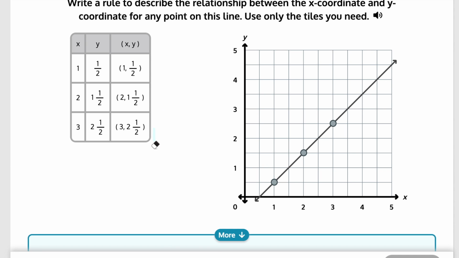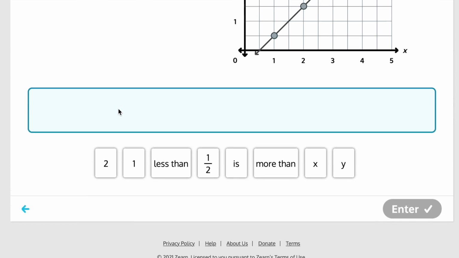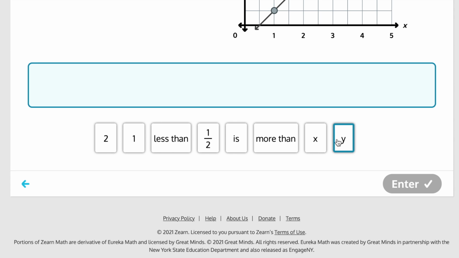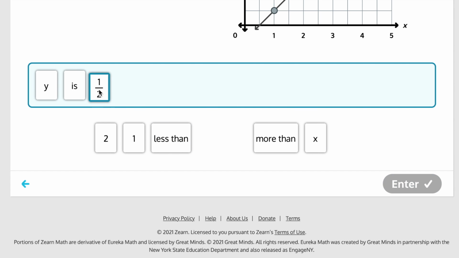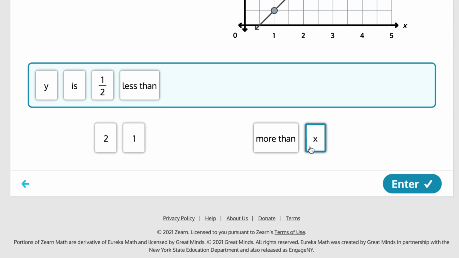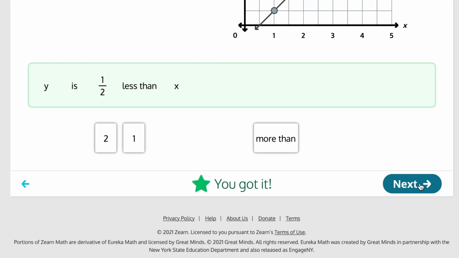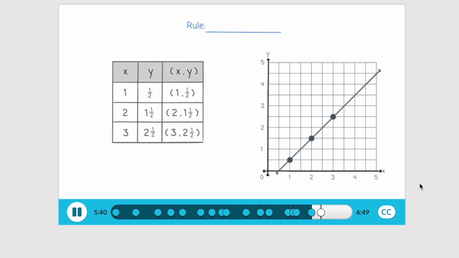So the rule I came up with is that y, the y-coordinate, is 1/2 less than x. Yay. A rule for this line is y is 1/2 less than x. Said in another way, we need to subtract 1/2 from x to get y.